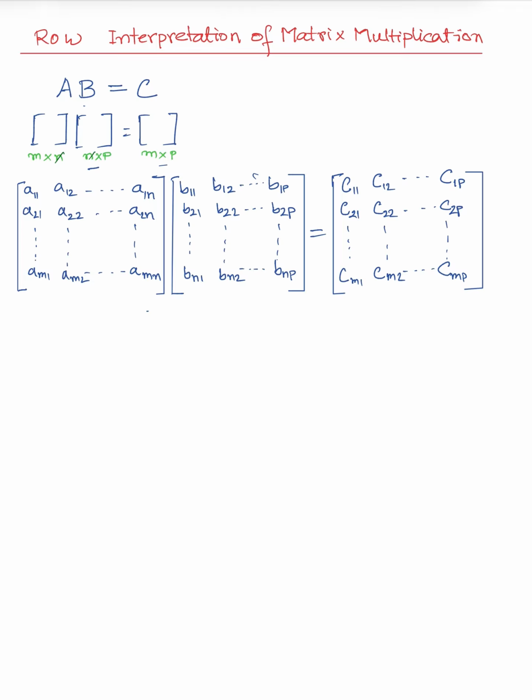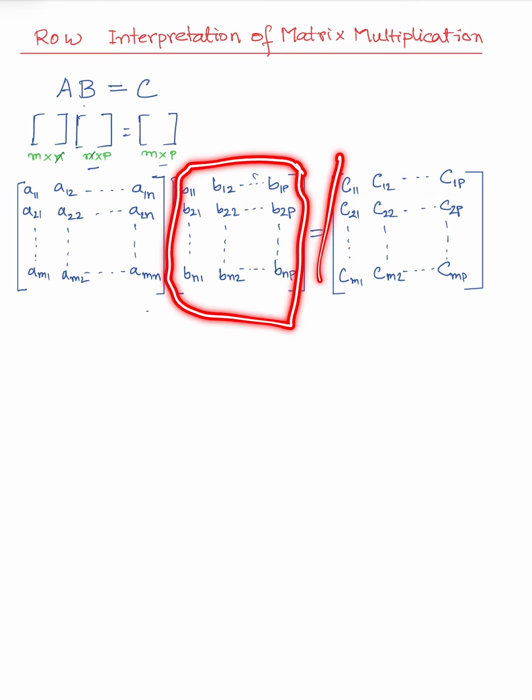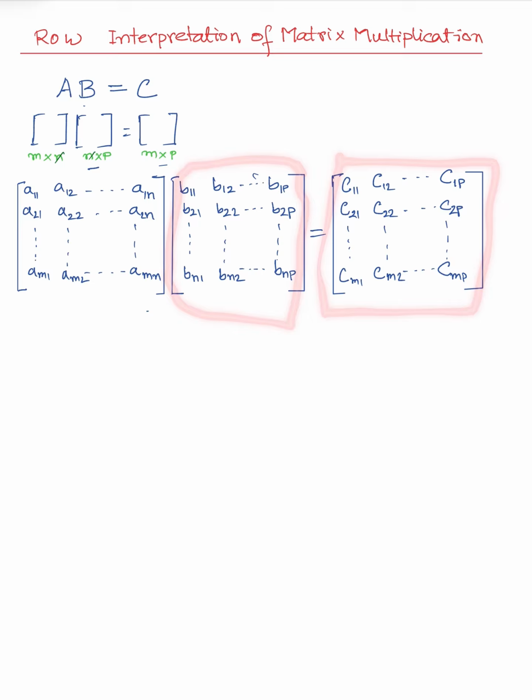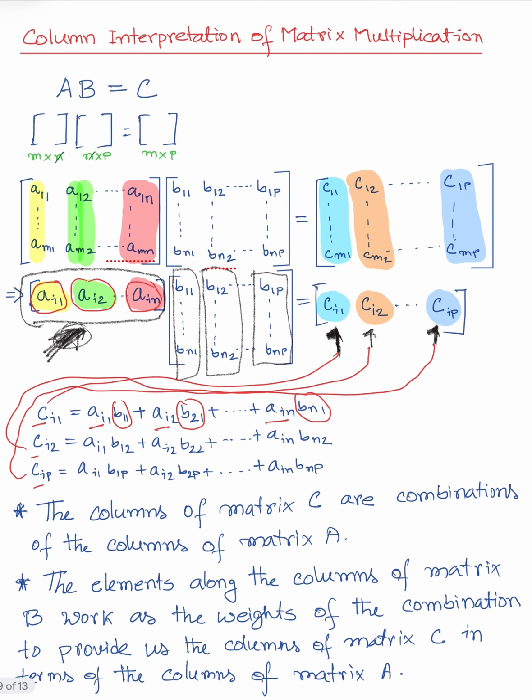Now, for the row interpretation, what we'll have to do is work on this matrix and this matrix. If you remember from the last lecture, the column interpretation, we worked on the A matrix and C matrix.